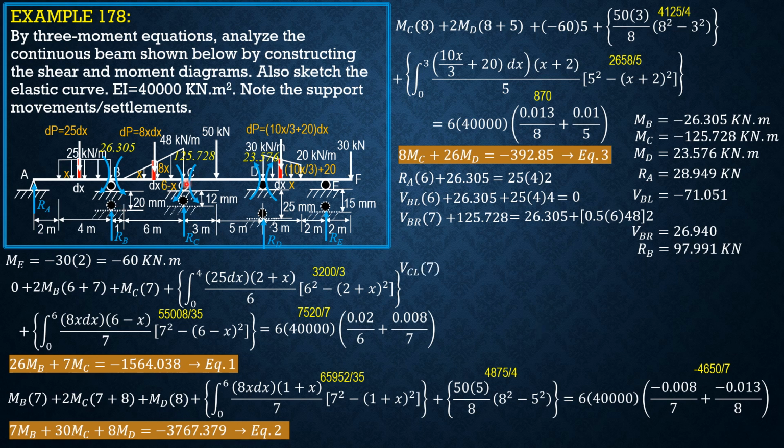Next, considering BC, we compute the shear at C just to the left by taking moments about B. Remember, assume positive is downward.